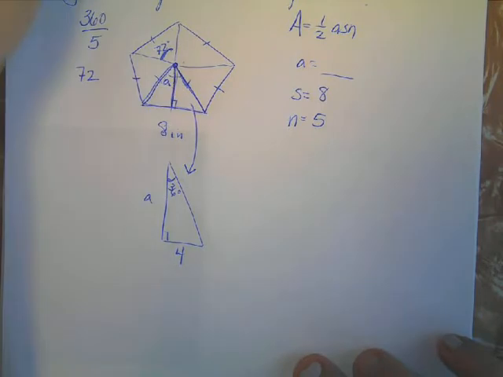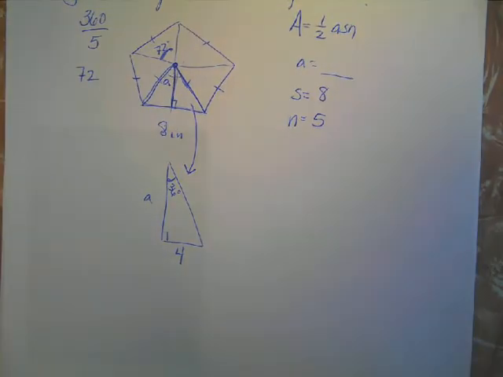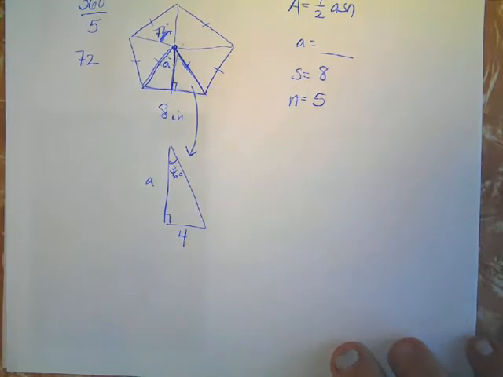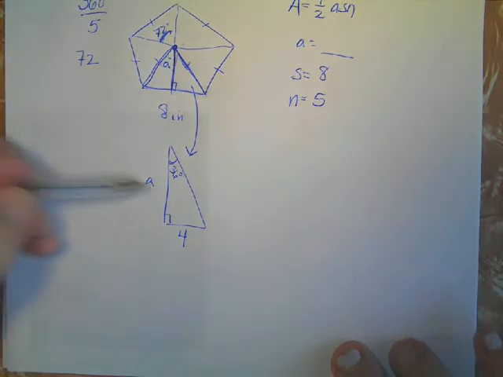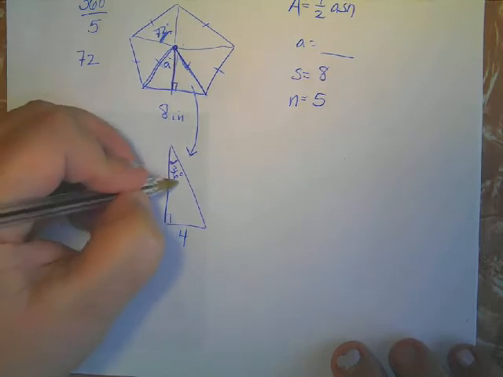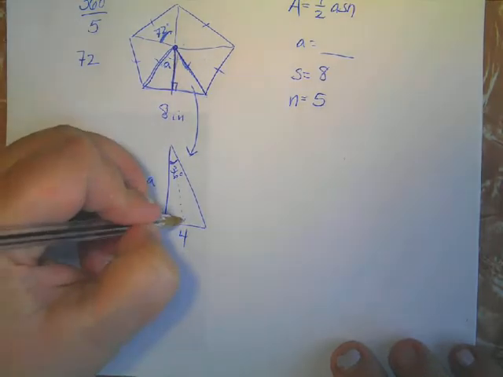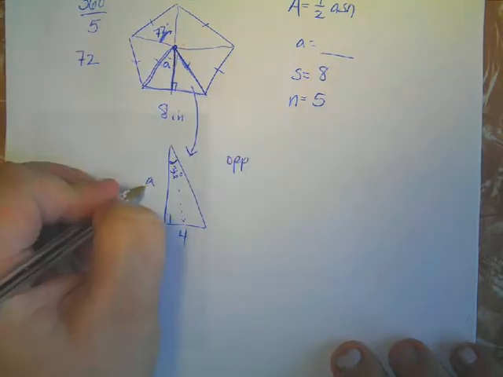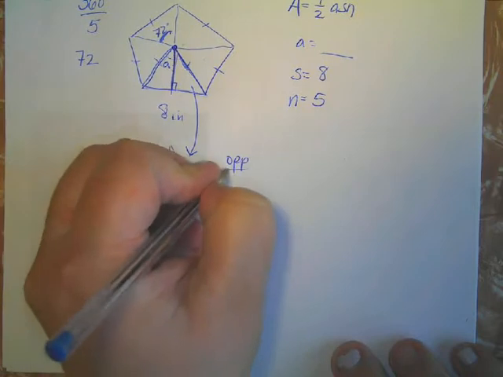Now we are going to use our trigonometric functions and our trig table to figure out what this A is. Remember, from the 36, the 4 is the side that is opposite it. The little a next to it is my adjacent.